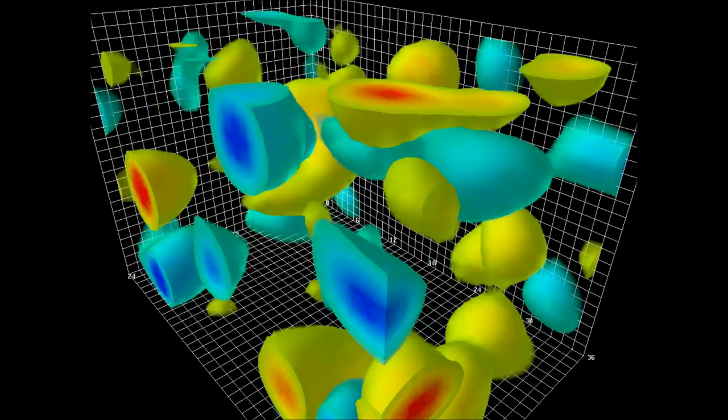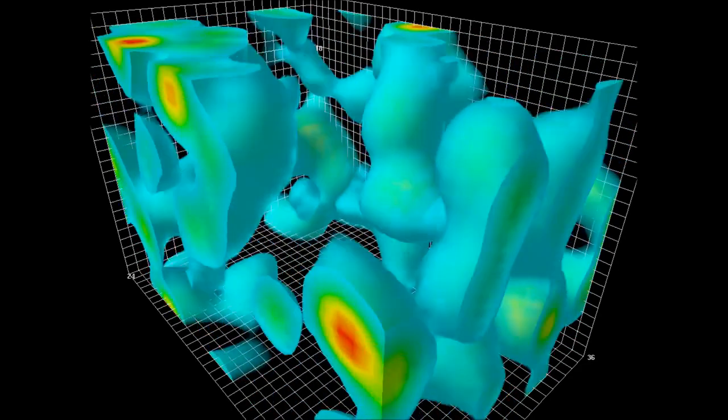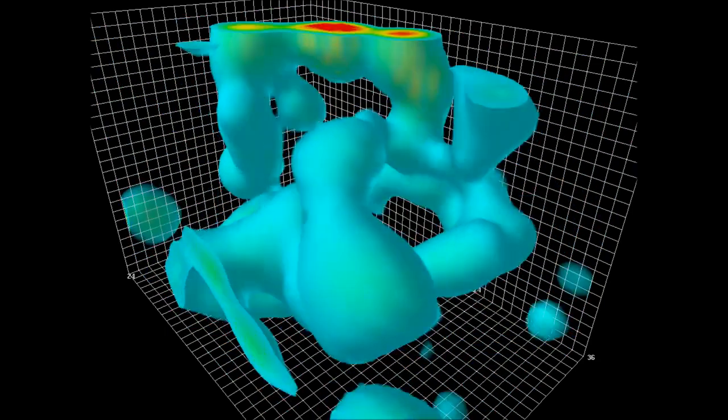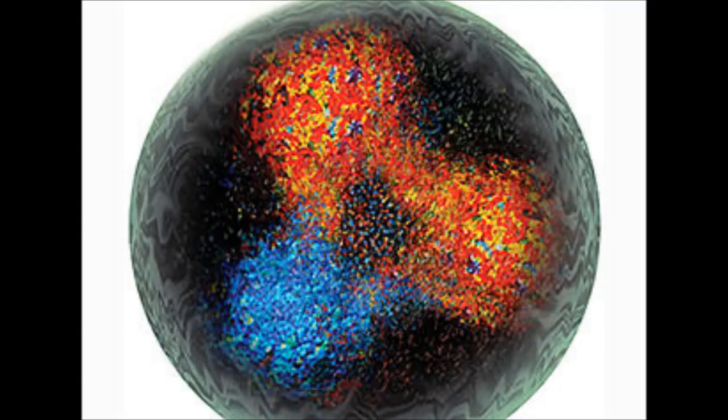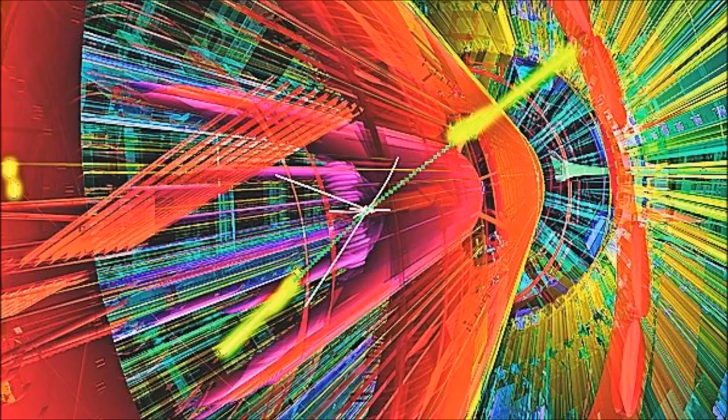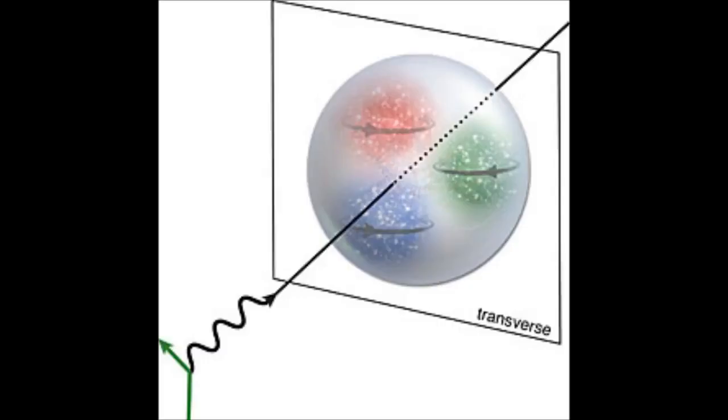In the same way, when we scatter electrons from a proton, if we measure the speeds or the momenta of the electrons that are bounced back, they reflect the distribution of momenta of pieces inside the proton. And so it's this experiment that we've done to watch the distribution of momentum of electrons that have been bounced back from a proton, to determine what the momenta are of the pieces inside.